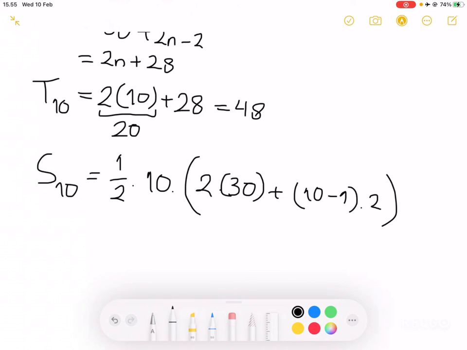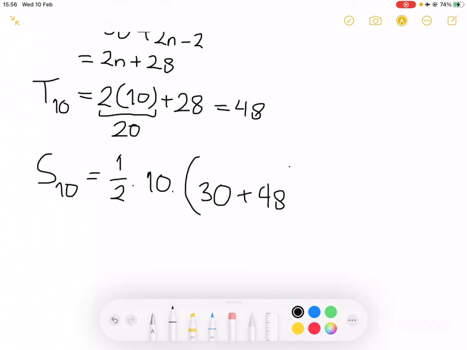Or perhaps in this case I'll just do the easy way using the a plus t formula, a plus t of n. So we know the first term, which is 30, and then we know the 10th term, which is 48. The front will become 5, the inside will become 78. And then calculating this, you will get that this will be equal to 390.